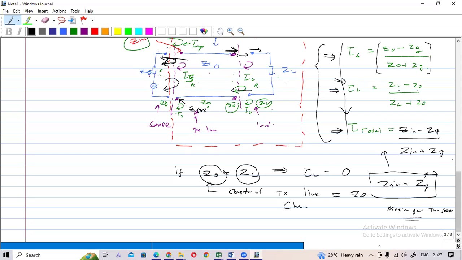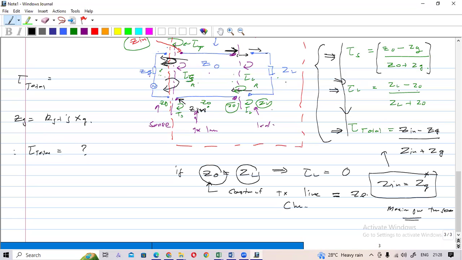So at the conjugate matching, if I ask you to calculate tau total, what is that? If Zg is Rg plus jXg, what is the value of the total reflection at the conjugate matching? Please tell me. Not zero. The total at conjugate matching will not be zero.